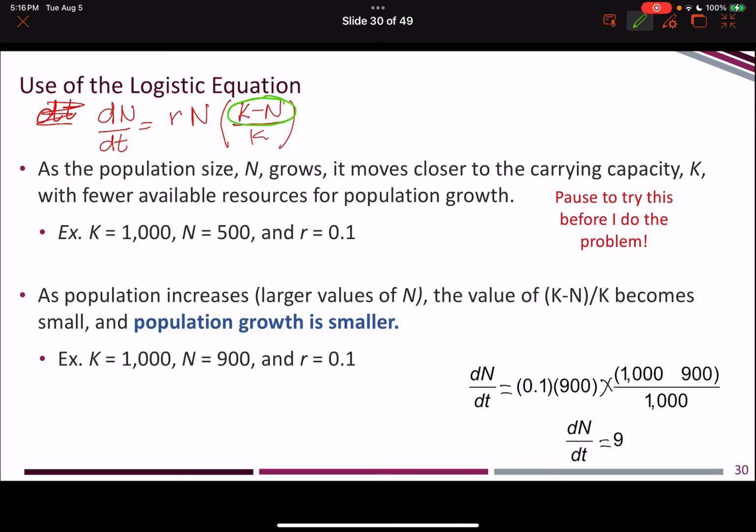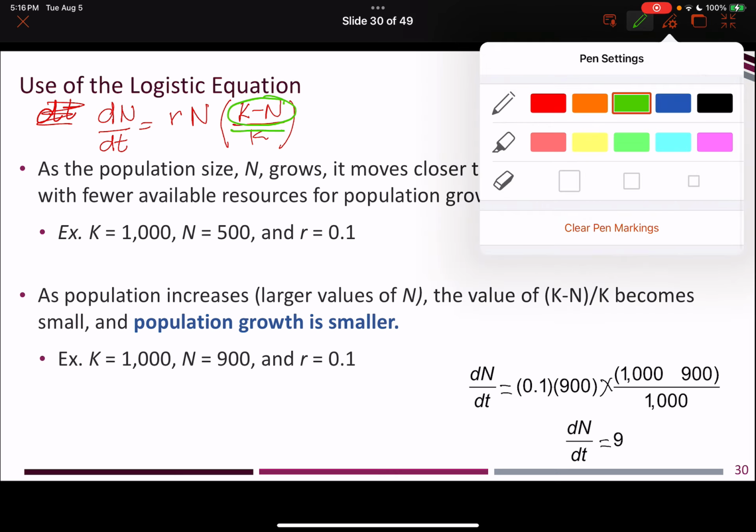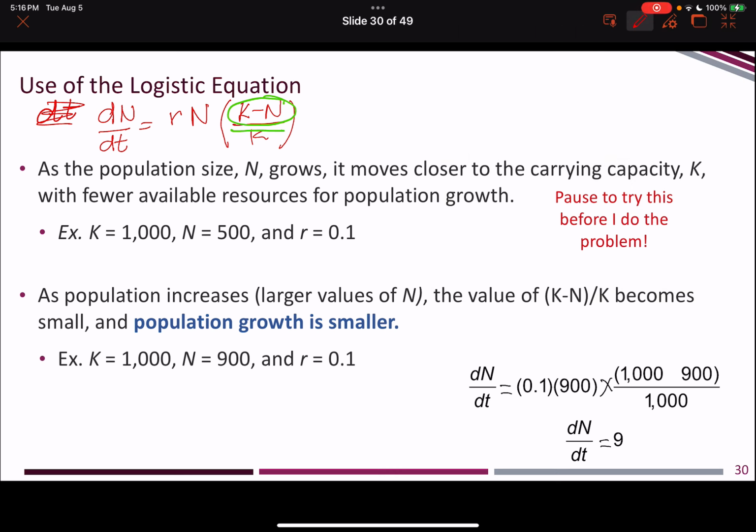So you're going to do your subtraction here, then you're going to divide it by your carrying capacity, and then you're going to do your multiplication. I encourage my students to show their work just to make sure nothing gets mixed up. You may do it however you would like, as long as your answer comes out correctly, and your answer should be based on correct order of operations.